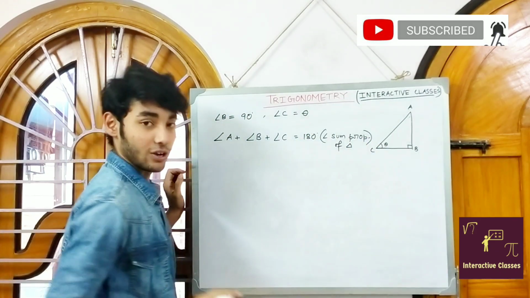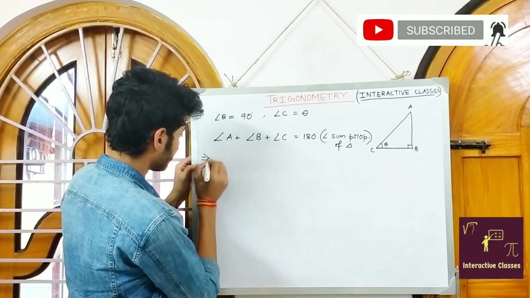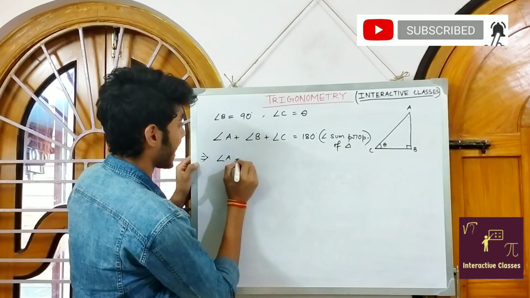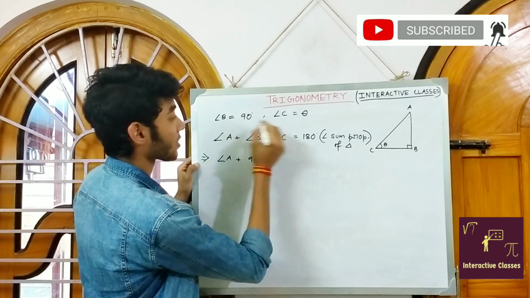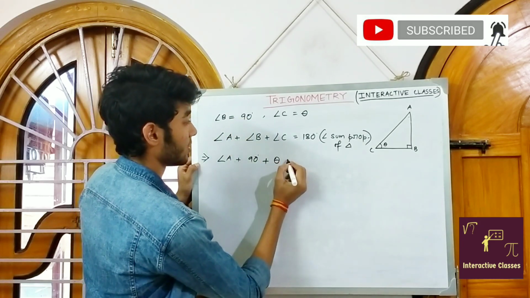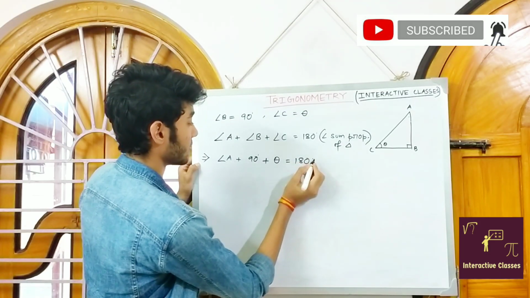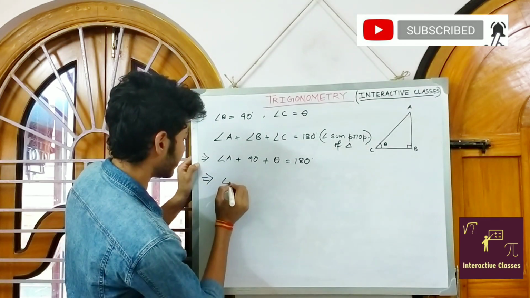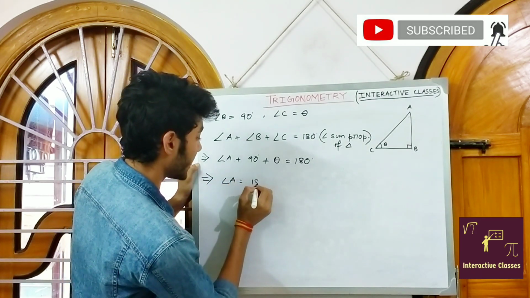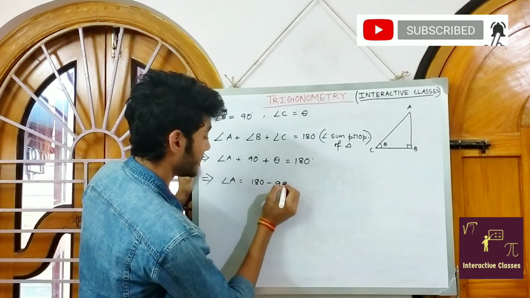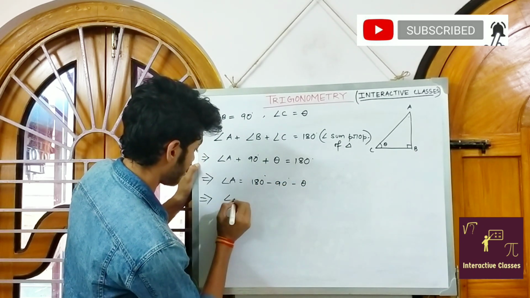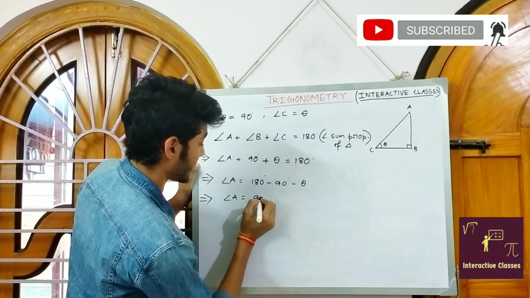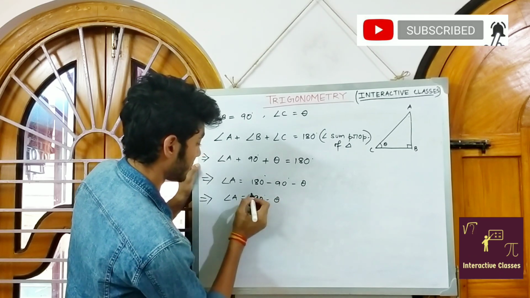We will find out the value of angle A. So angle B is 90 degrees, angle C is theta, and the sum equals 180 degrees. So angle A equals 180 minus 90 degrees minus theta. So angle A is nothing but 90 minus theta.